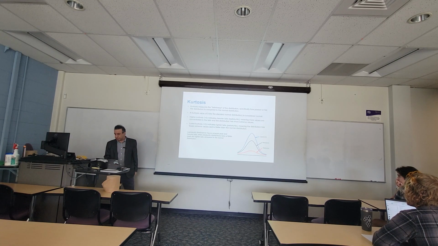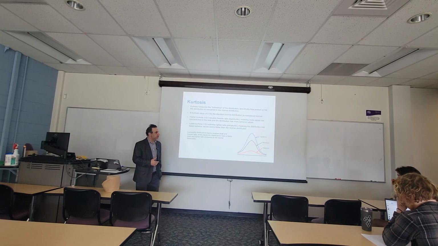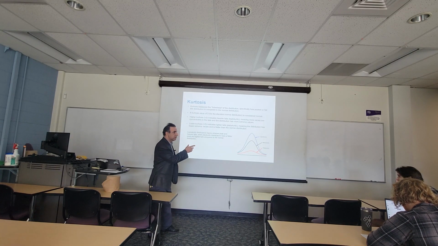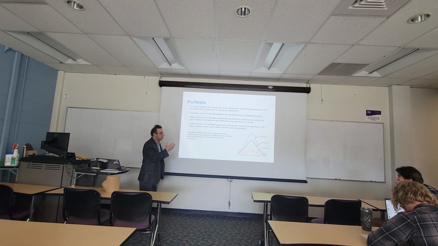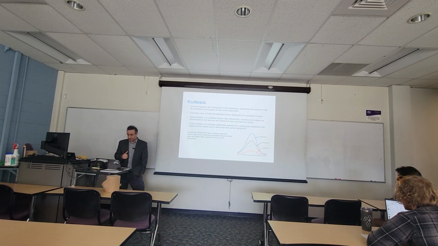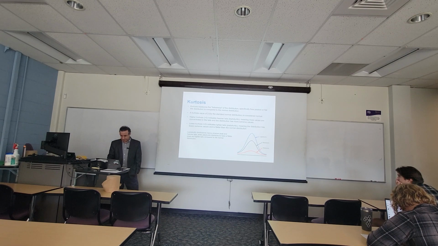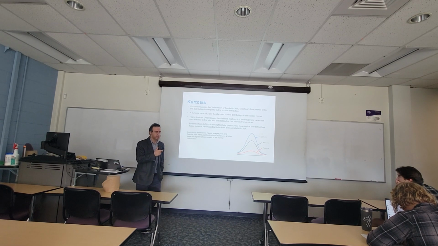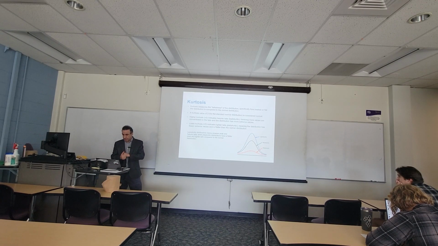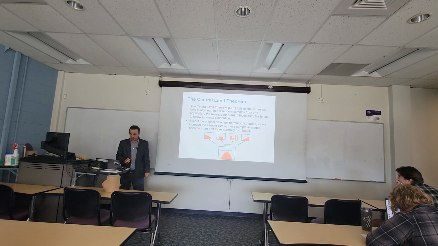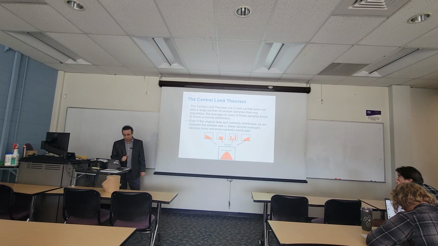In the textbook, they have equations for both factors, but in this course, I'm not gonna give you a problem for finding this kurtosis or the other factor. Any question about this topic? These 2 factors? No? Next topic, central limit theorem.